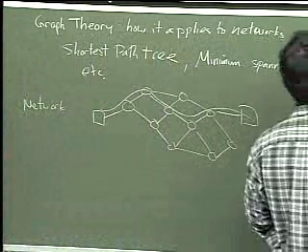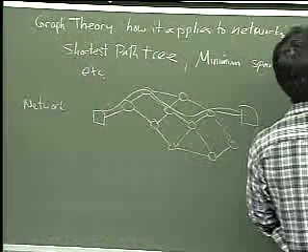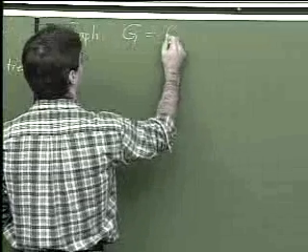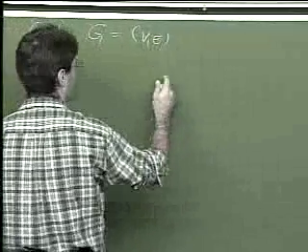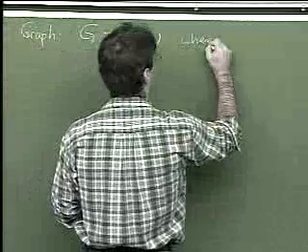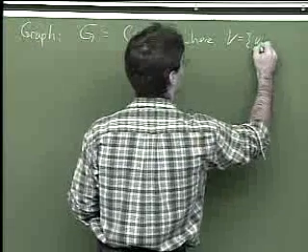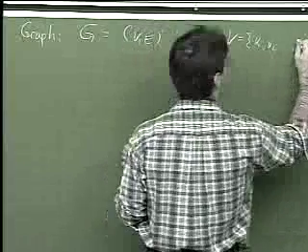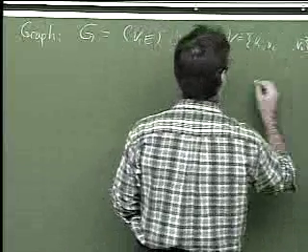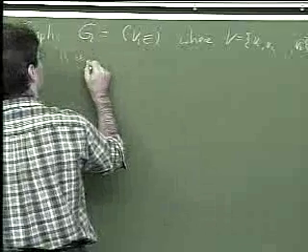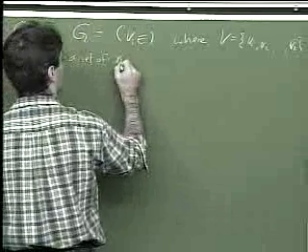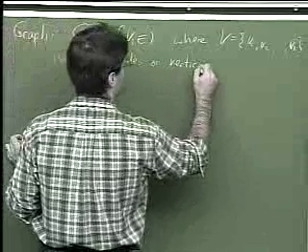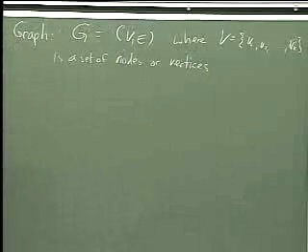Okay, so we're going to look at a graph. A graph, we'll write a graph as G, and it's going to be V, E. V is a set of nodes or vertices, and that's why V is commonly used.